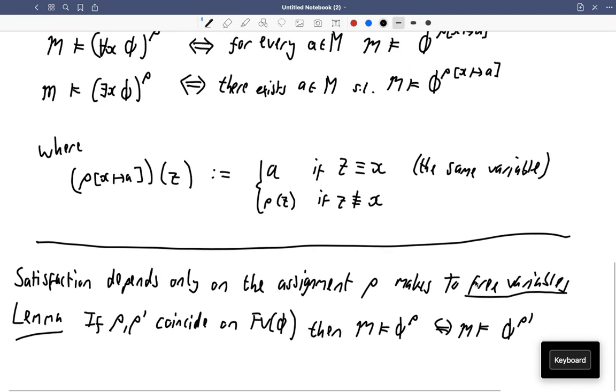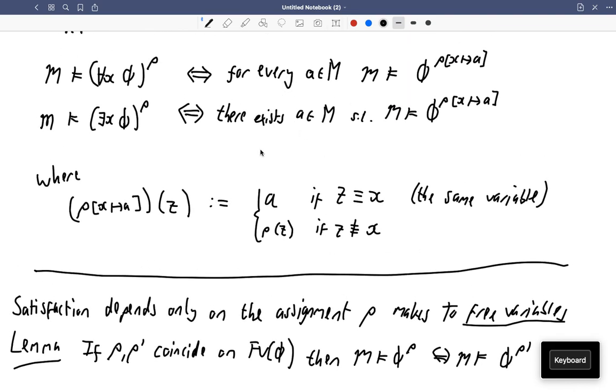The intuition here is from these two clauses, where we see that whether or not the formula for all x phi is satisfied in M does not depend at all on the value that rho assigns to the variable x, because that value gets ignored as the value of x gets updated to all the different a's in the structure.